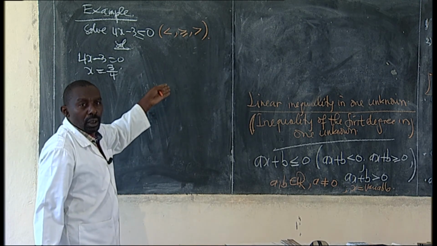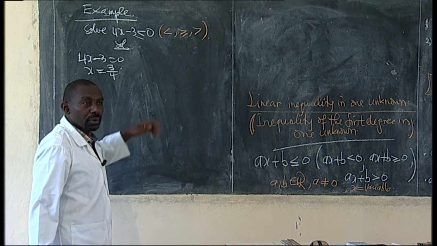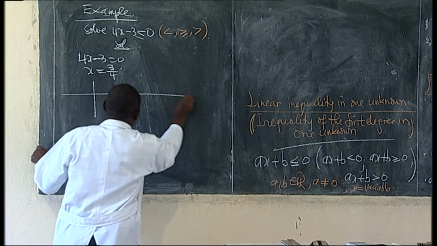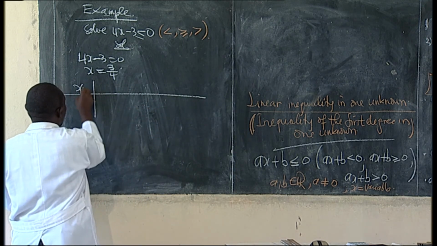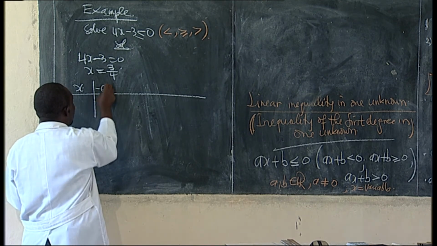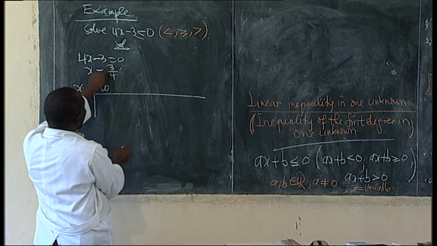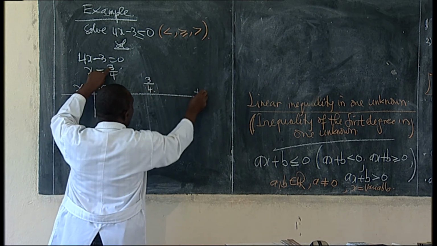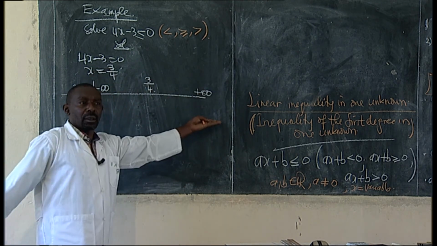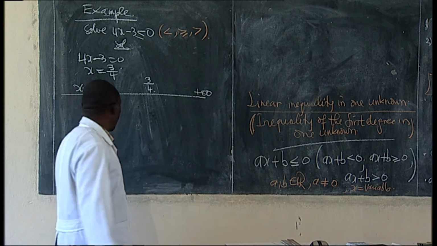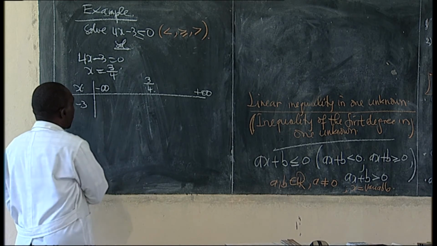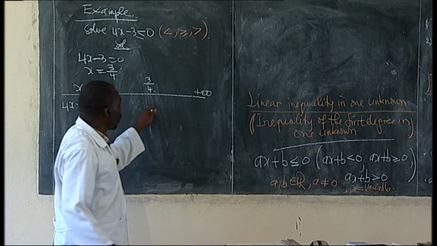You need the sign diagram, right? Sign diagram, the variable is x from negative infinity, the value of x is 3 divided by 4, and there it is positive infinity on the number line, representing the set of real numbers. And there we have 4x minus 3. The root or the solution is 0.